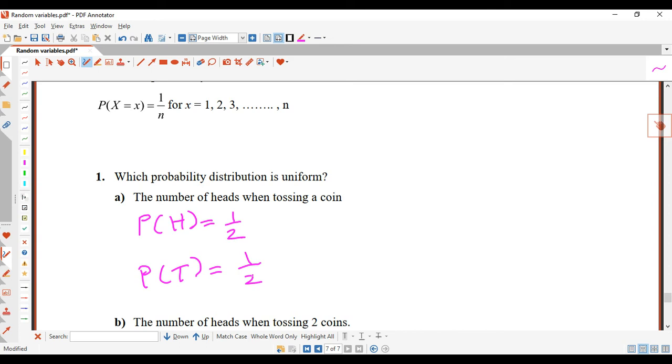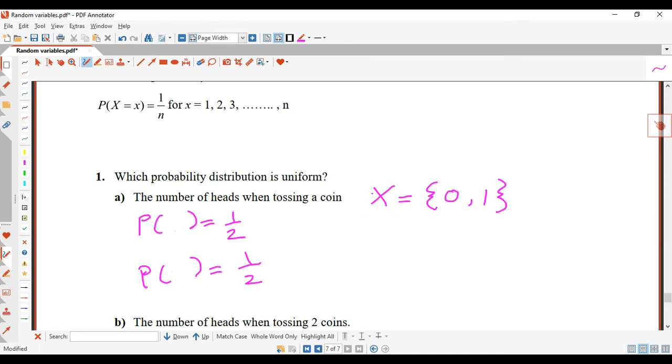Now, in terms of the notation, what I should be doing, because we're looking at this in terms of a random variable, is to say the random variable is X, where X is the number of heads. So that should be 0 heads and 1 head. Those are the two possibilities.